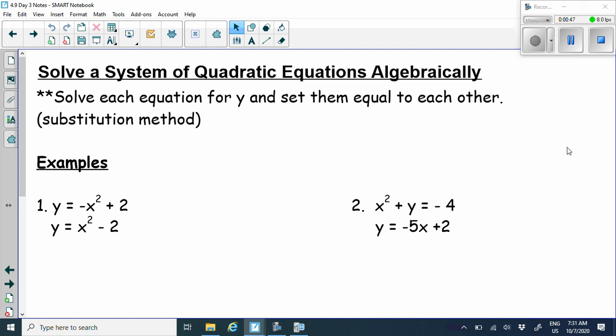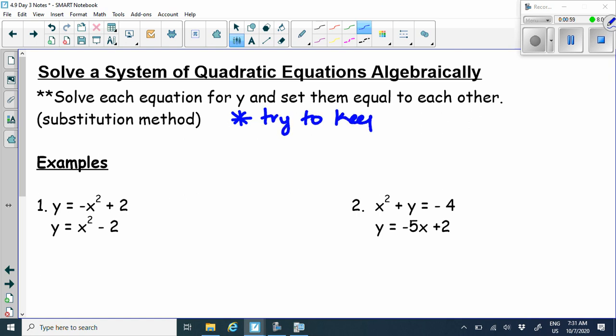Now, when we do this, there are 2 things we want to make sure we do whenever we are solving. Make sure you solve for y for each equation. Try to keep your x squared positive. What I mean by that is whenever we are moving things over to either factor or to take the square root on both sides, you want to keep that x squared positive because it'll be a lot easier.